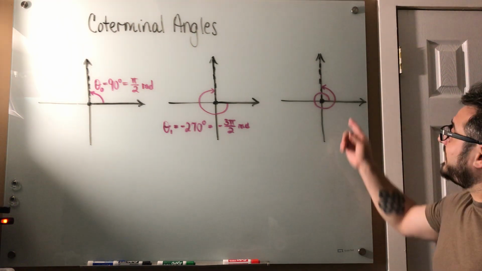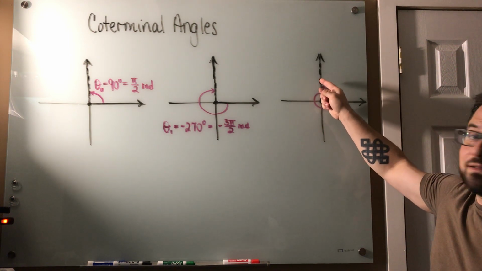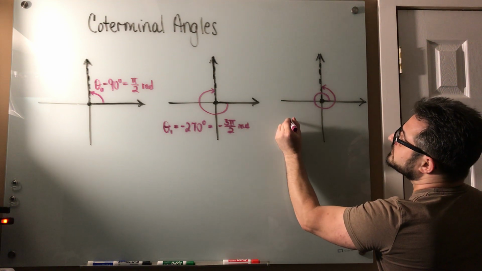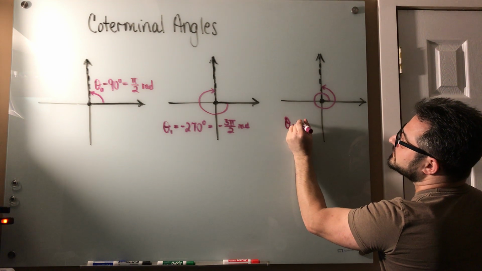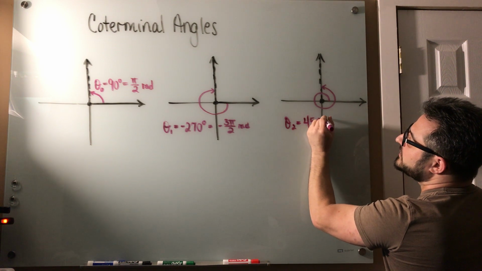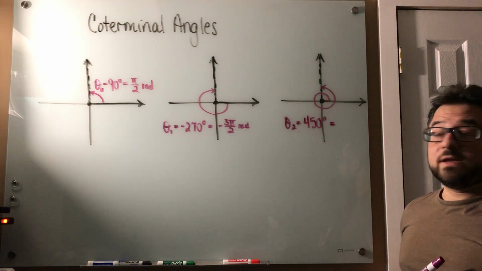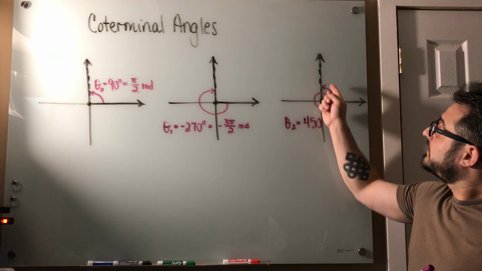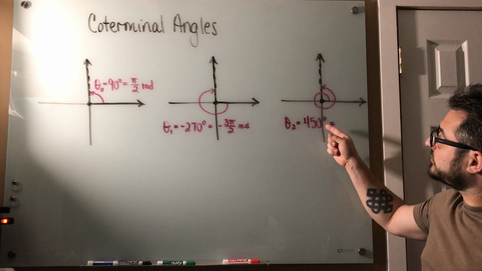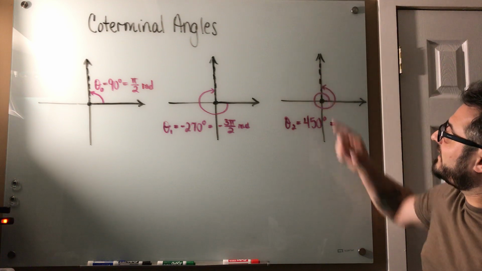So if we counted that, that would be 360 degrees plus another 90. That makes this 450 degrees. Or, in radians, it would be pi over 2, 2 pi over 2, 3 pi over 2, 4 pi over 2, 5 pi over 2.